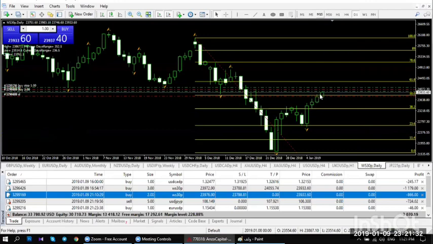So if you had bought here, you should have exited at this point. If you had sold, you should put your stop loss right here. Exactly where the shadow is. So your price has hit the shadow.